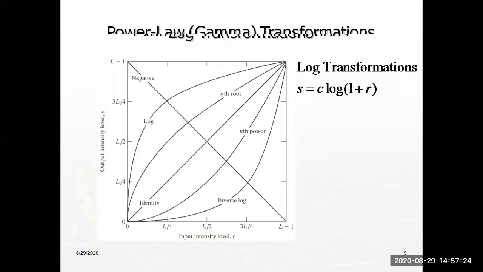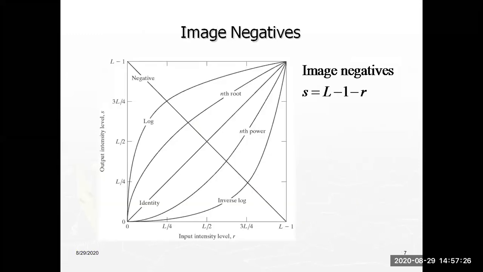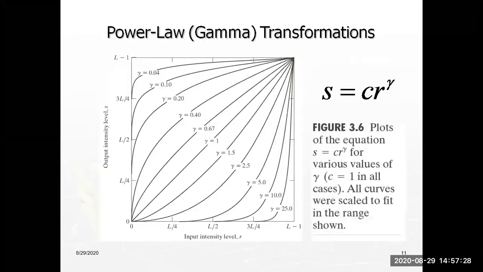Besides the log transform function and image negatives, there is a different function called the gamma function. In the gamma function, the expression is s equals c into r to the power gamma. Here c is a constant, r is the input pixel, and s is the output pixel. Gamma's value changes from 0.04 to 25, as I am showing here.